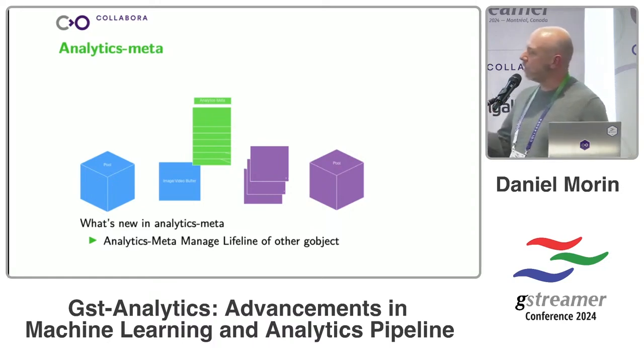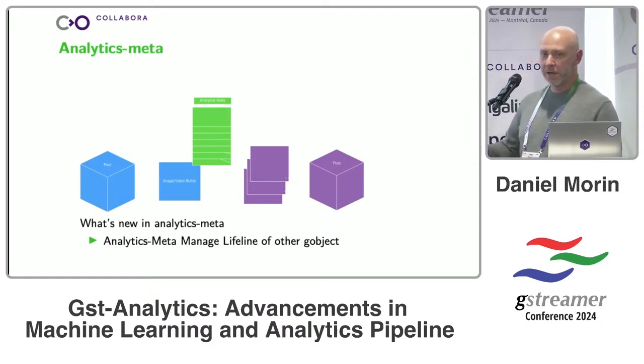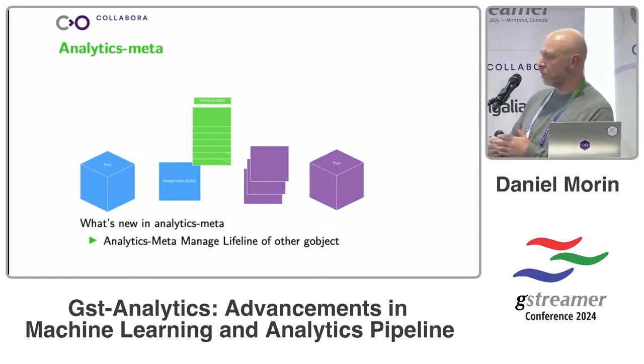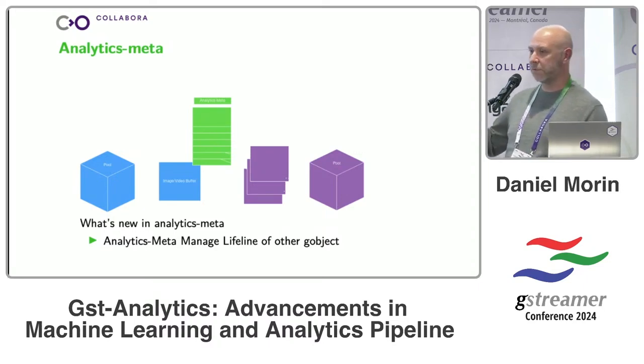And the way it's done, it's reducing the allocations that would happen if it was just using GstMeta. One of the things that is done is that the green box here is representing one GstMeta, but actually it's just a container of memory that contains multiple analysis results. So when it's attached to a buffer that is coming from a pool, when it's returning to the buffer pool, instead of being deallocated, the data will just be invalidated.